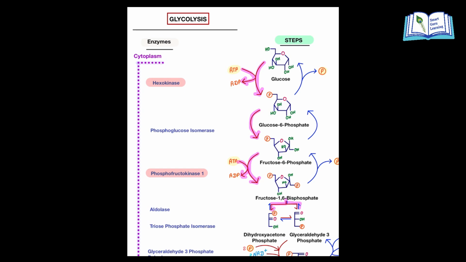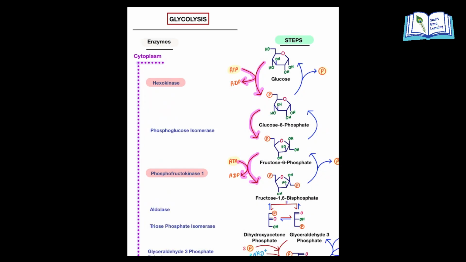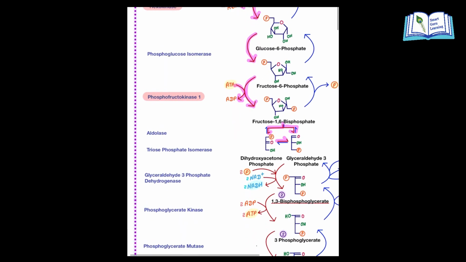Fructose 1,6-bisphosphate is then broken into dihydroxyacetone phosphate and glyceraldehyde 3-phosphate by the enzyme called aldolase. Dihydroxyacetone phosphate is converted to glyceraldehyde 3-phosphate. With this, there are 2 molecules of glyceraldehyde 3-phosphate.